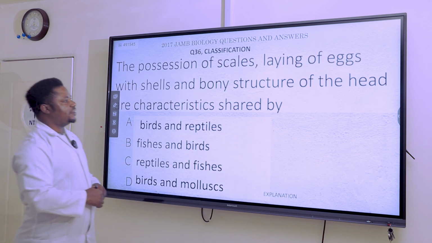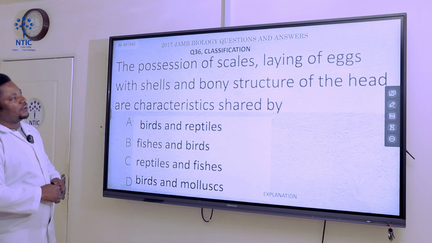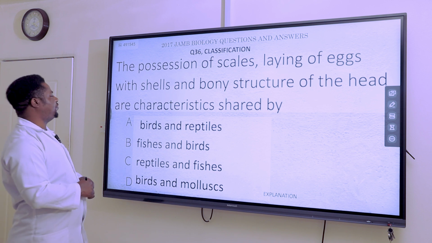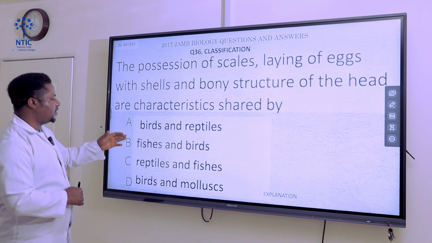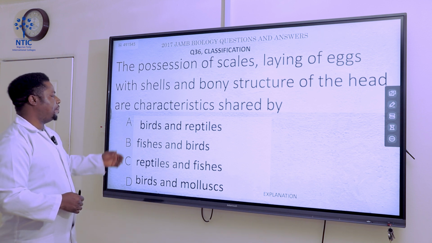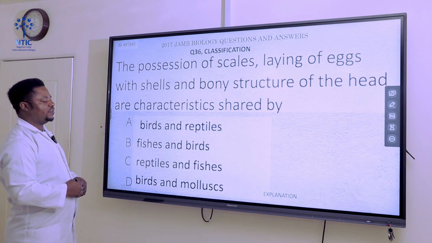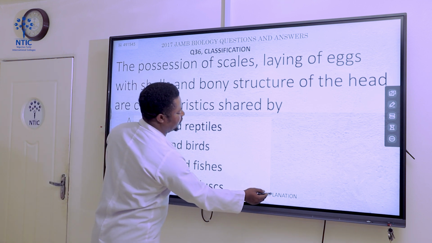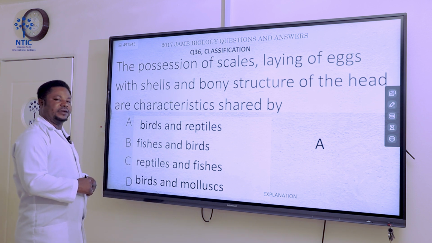Question number 36. The possession of scales, laying of eggs with shell, and bony structure of the head are characteristics shared by which of these animals? A, birds and reptiles. B, fishes and birds. C, reptiles and fishes. D, birds and mollusks. Our answer here says birds and reptiles.